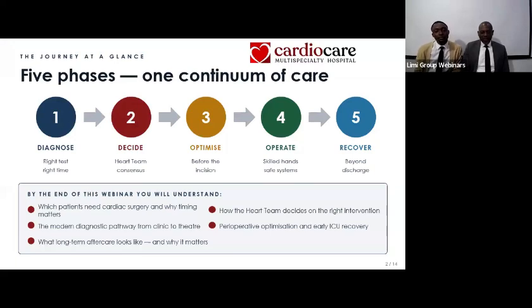After today's talk, I expect us to understand the 5 major steps in the continuum of cardiac surgical care, which are: one, the diagnosis; heart team consensus, which is the decision-making part; preoperative optimization; the main surgical procedure itself; and then recovery.